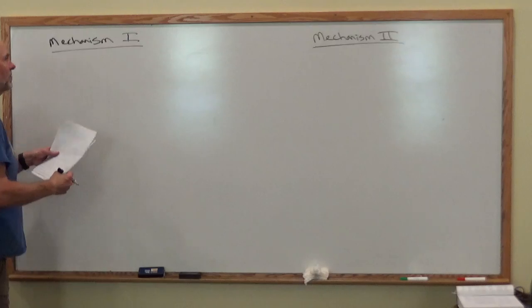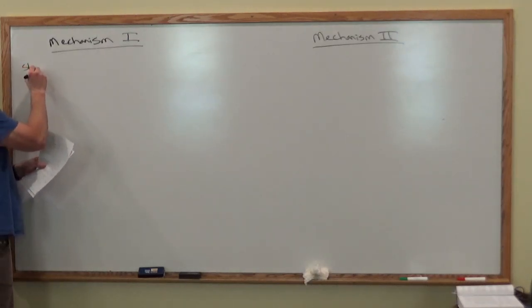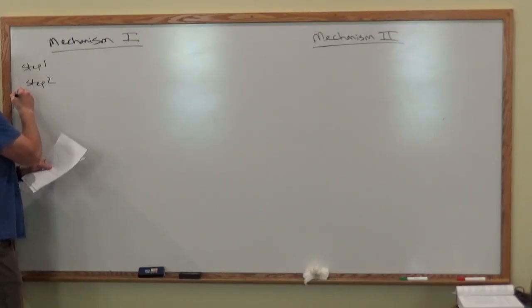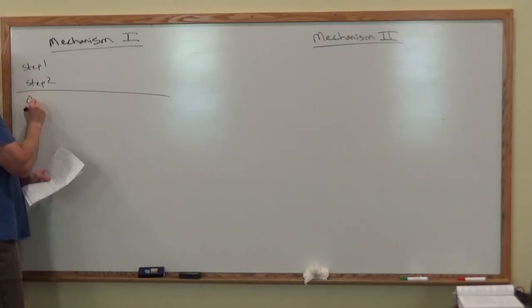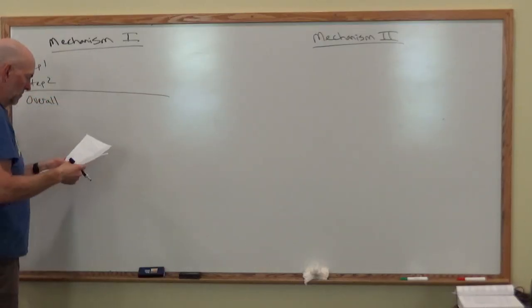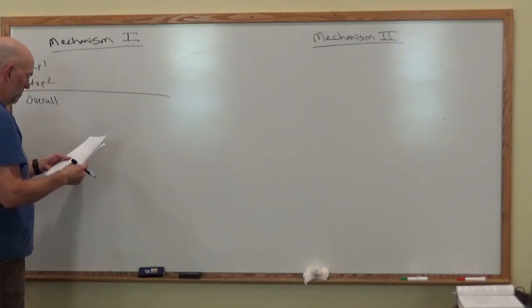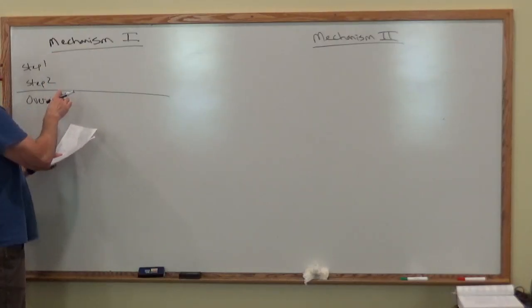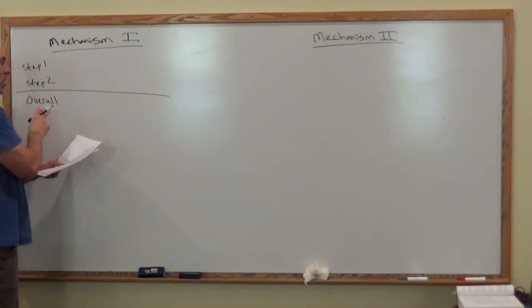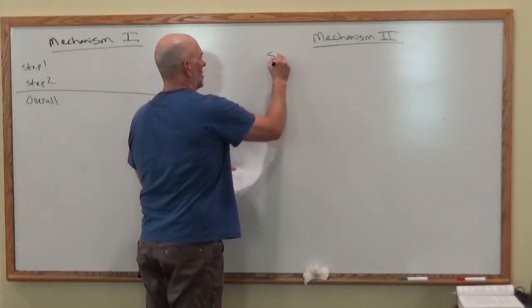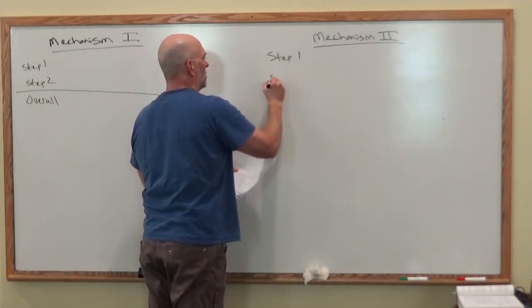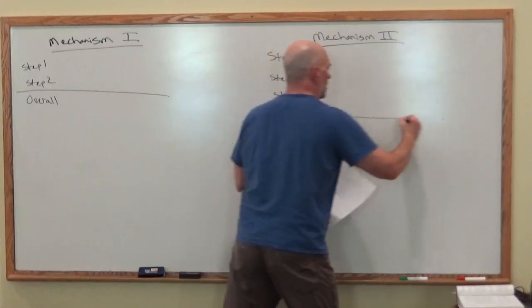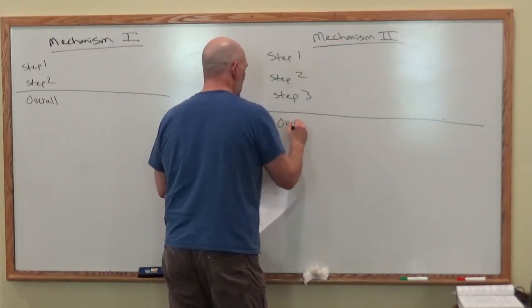Okay, mechanism 1 has step 1, step 2, and that'll add up to an overall. So we have 2 steps in mechanism 1, and you add them together and get the overall reaction. Mechanism 2 has 3 steps. Step 1, step 2, step 3, and these add up to an overall reaction.